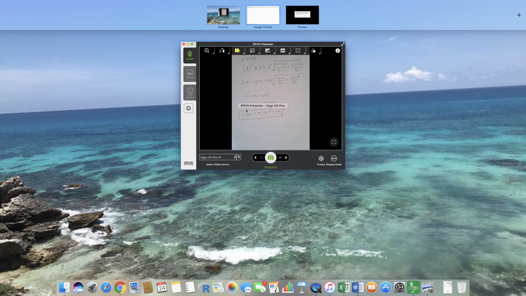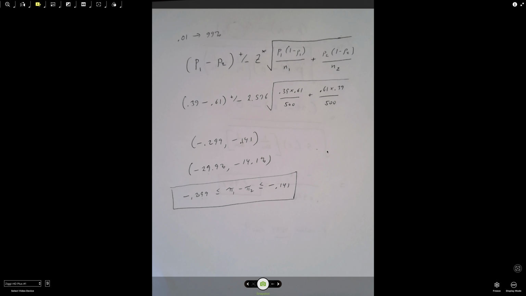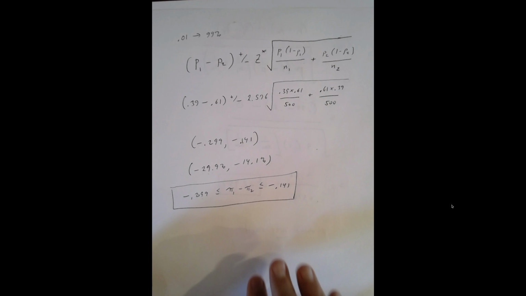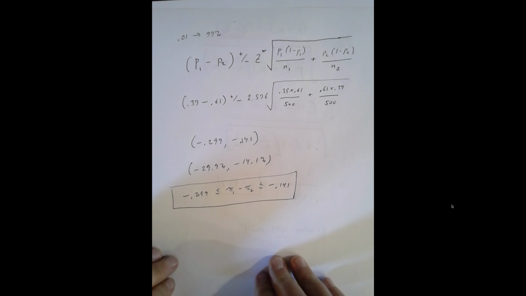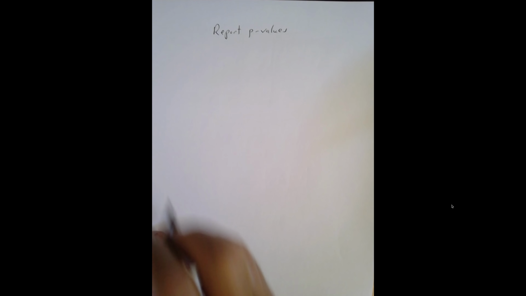Now, one thing which is much more consistent than that is reporting p-values. So here's typically how you report p-values. Here's the method that we use.